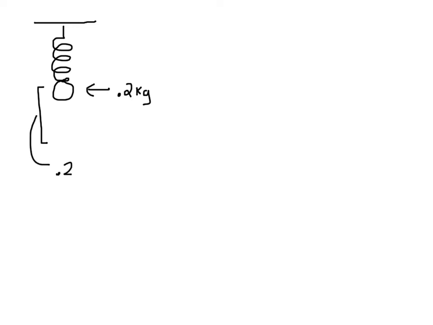So I have a vertical spring, and the vertical spring has a mass at the end of it, and that mass is 200 grams, but I'm going to convert that to 0.2 kilograms. And it drops a distance of 0.223 meters, I've already converted that one.